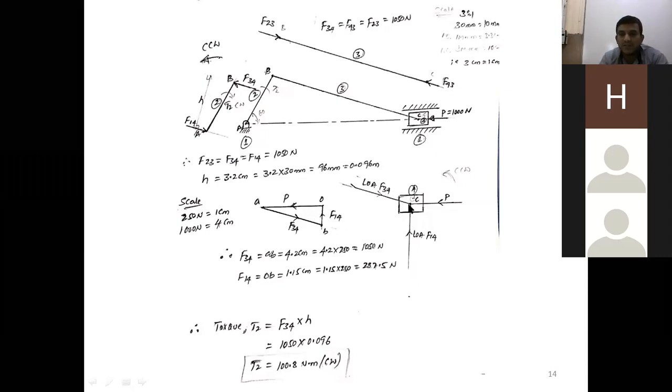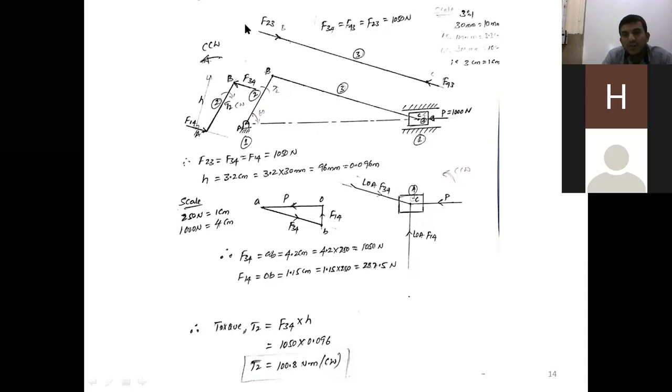Now, link 4 is connected to what? Link 3. Now, F34 is equal to F43, but acts in opposite direction. See that this F34 is in this direction, F43 is away from that direction. After this, again see that link 3 is subject to how many forces?